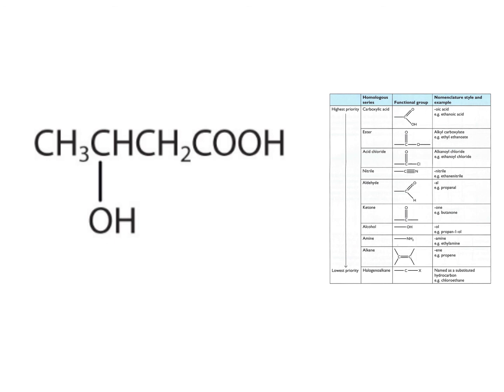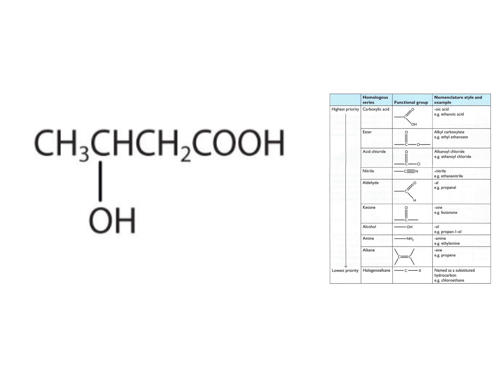If I look at this molecule, I have both an acid group and an alcohol group. An acid group is my highest priority group, so I'm going to name that first as my acid. I have 4 carbons, so it's going to be butanoic acid, and I now have to say where I find my alcohol group.